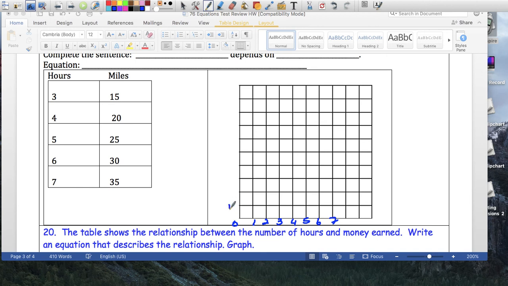If you put the first one as 15, make sure you're going by 15s all the way up: 15, 30, 45. That's not good for us. If you go by 5s, it's probably better: 5, 10, 15, 20, 25, 30, 35. And you know that now you have 3 matches with 15, 4 with 20, 5 like that. This is going to make a straight line for us. Okay?